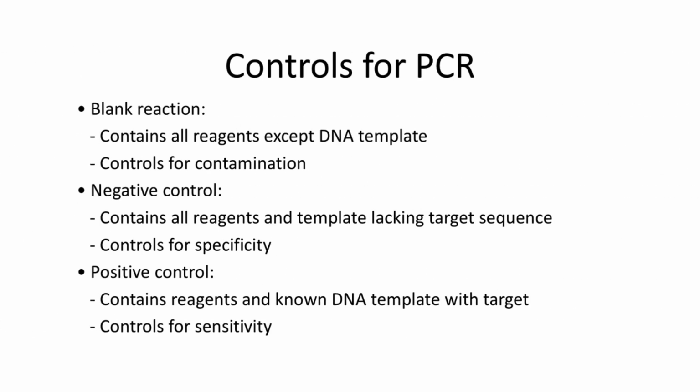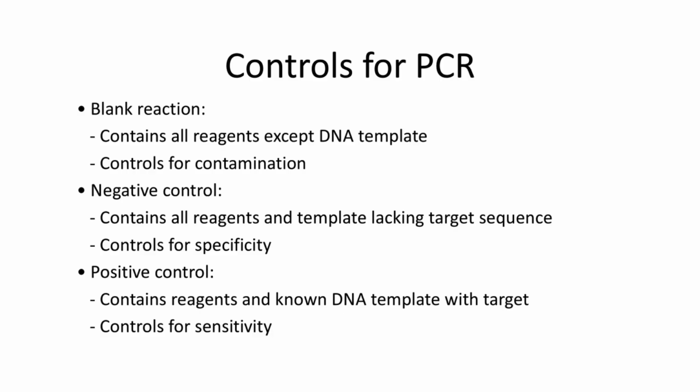Finally, controls for PCR are essential. The blank reaction contains all reagents except DNA template. This ensures that no contamination has entered the system. The negative control contains all reagents and a DNA template that does not have the target sequence. This confirms the specificity of the reaction.